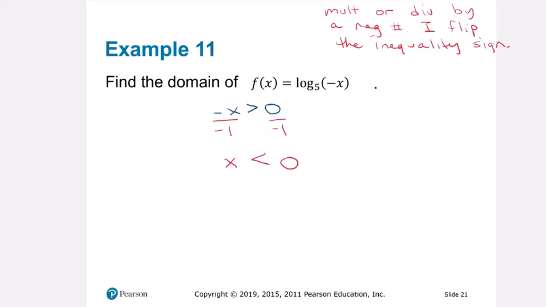Now what this is saying is x can only be negative, which should make sense because when I plug in a positive value for x, this becomes negative, and I can't take the log of a negative number. However, if I plug in a negative number, then negative becomes positive, and I can take the log of that. Now we're going from negative infinity to 0.